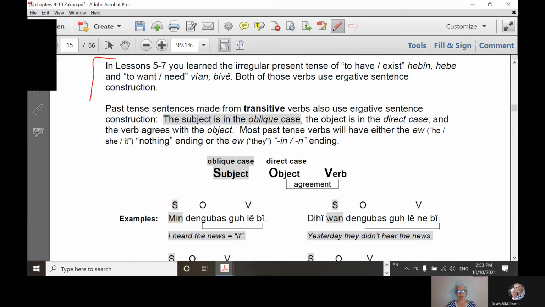The key part about past tense sentences in Kurdish: please note that most past tense verbs will have either the he, she, it ending, which is the nothing ending, or the they ending, which is in or n.